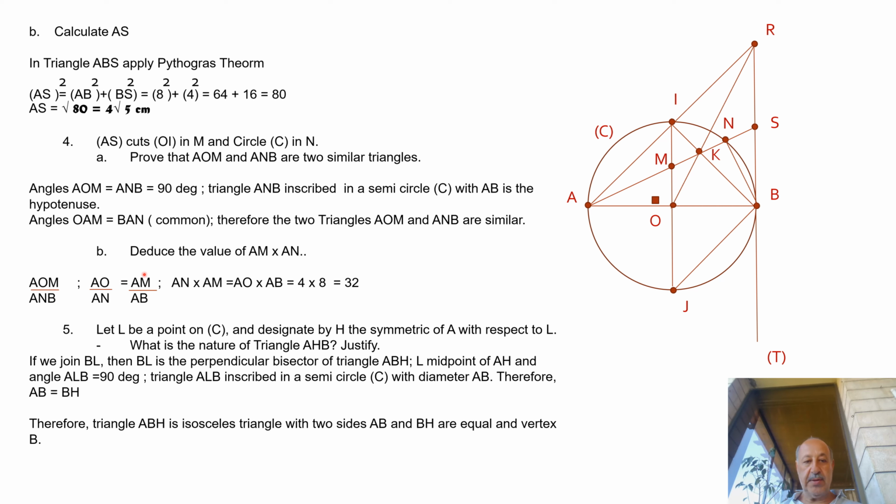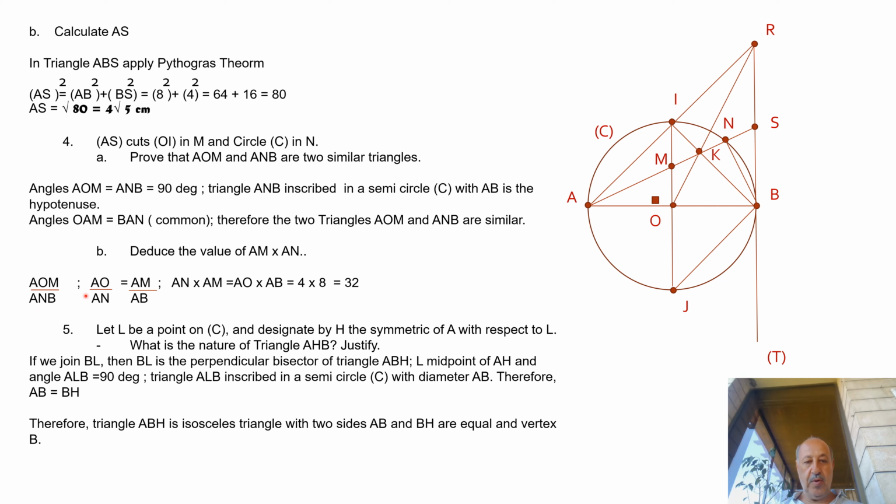And then write the similitude ratio. So we first take AO over AN equals AM over AB.